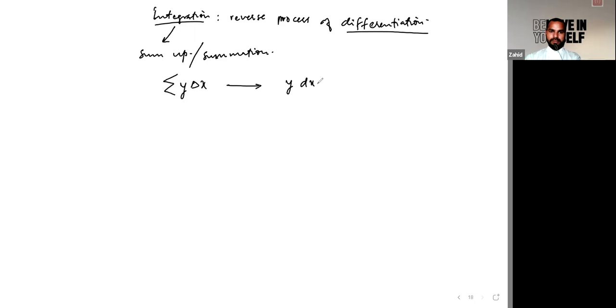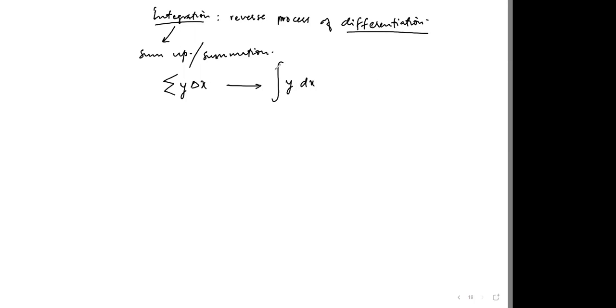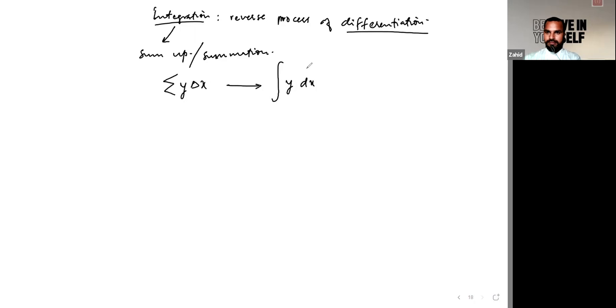So this sigma, which is nothing but sum, and the first letter of sum is s, so it will be written as elongated s as sign of integration. Is it clear till this part? Yes, sir. So this is nothing but elongated s to define sum, and it is nothing but sign of integration.